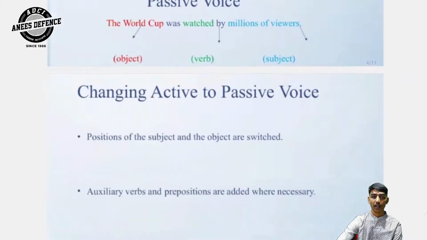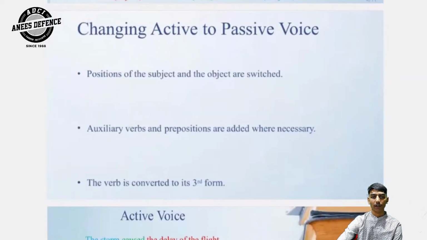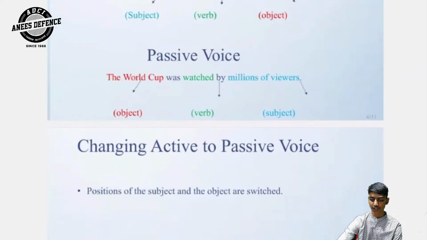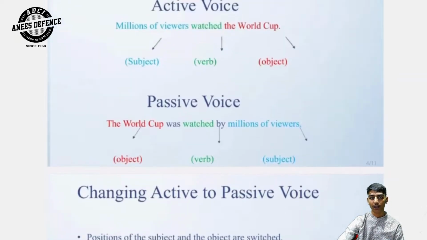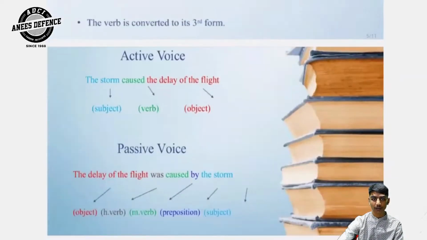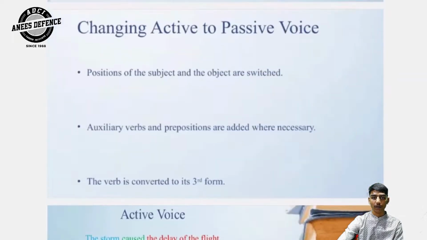Now we'll see how to change active voice to passive voice. First, the position of the subject and the object are switched. As we saw in the example, the position was changed. Millions of viewers was shifted to the end, and the World Cup was taken to the front.